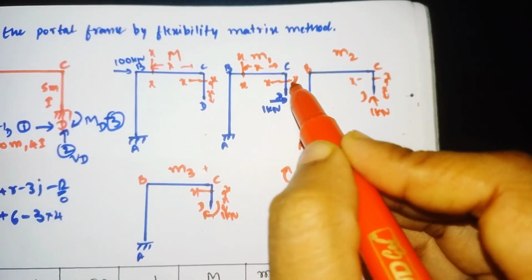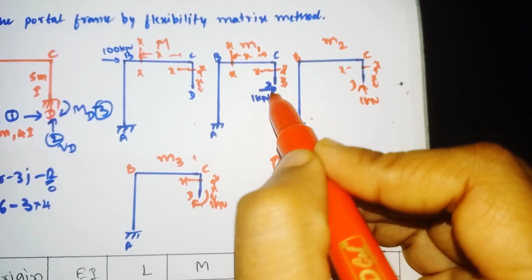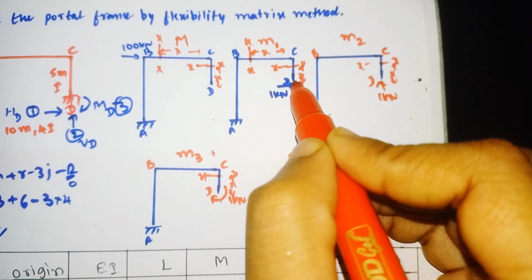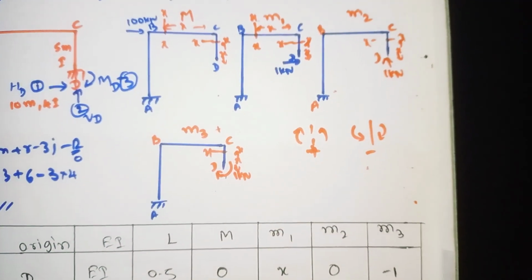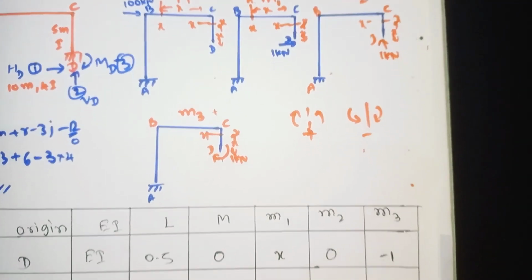For BC, the perpendicular distance is CD. CD has 5 meter length, so for BC the moment is 5.